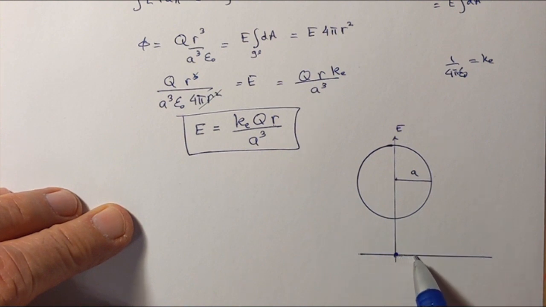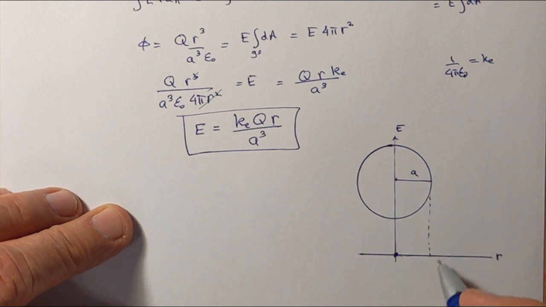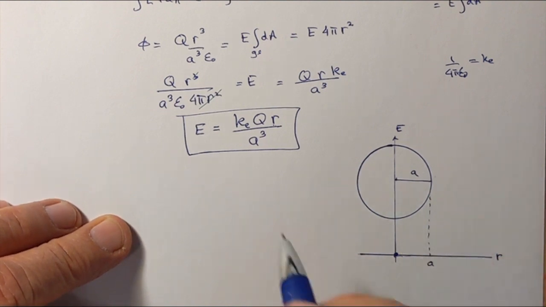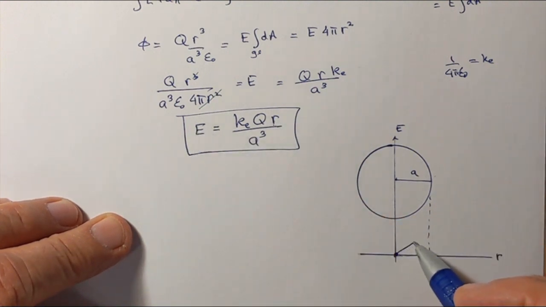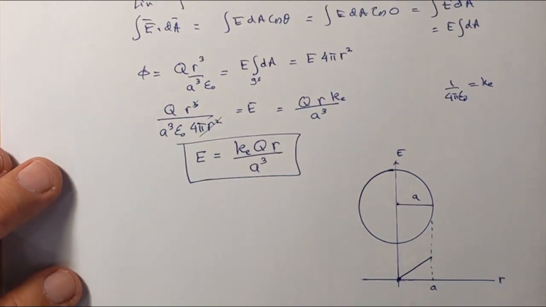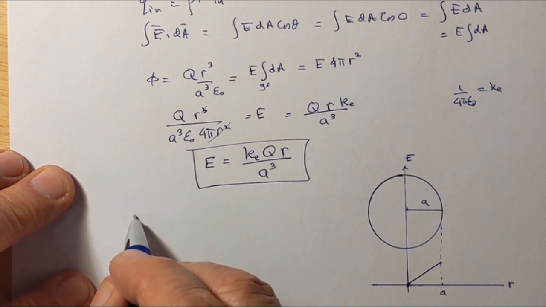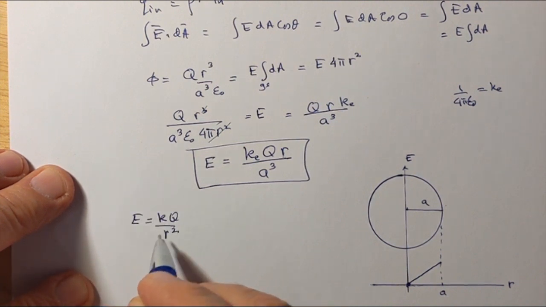Now as R increases, and we are still inside it, up to here this is A, as R increases the electric field increases, so it's going to keep getting bigger and reach a maximum value over here. Now what happens outside is what we had earlier, that E equals KQ over R square.